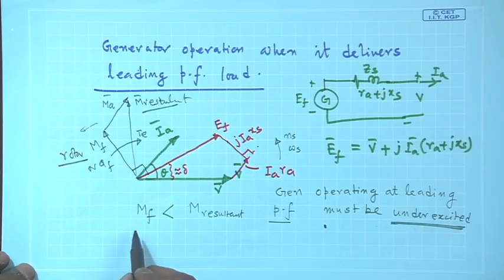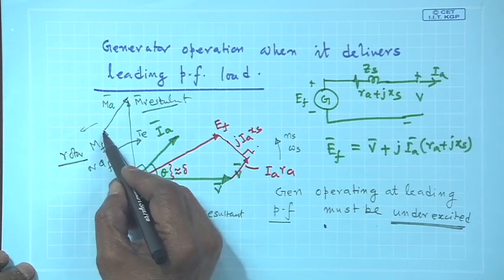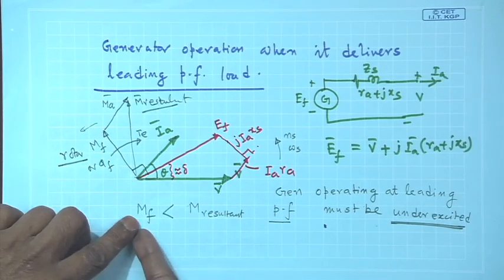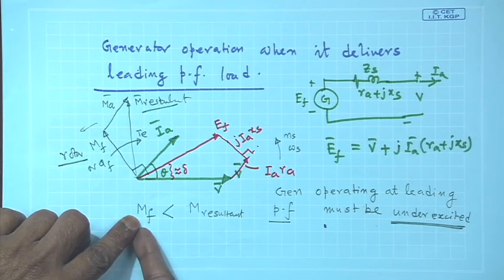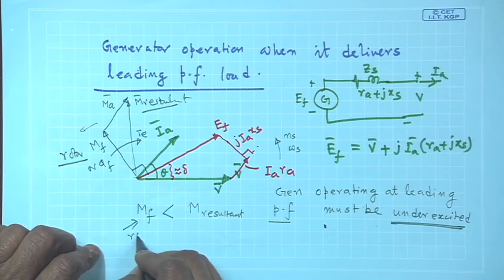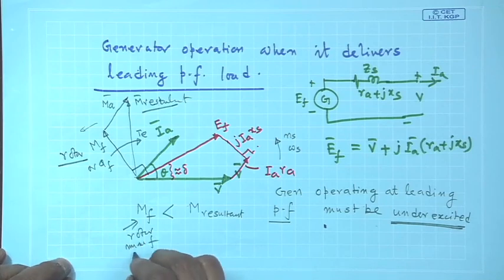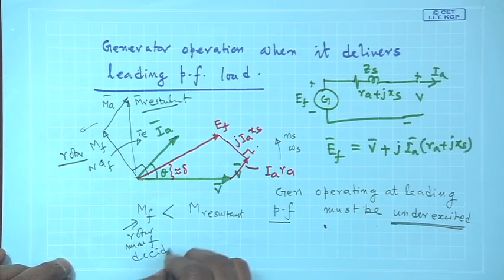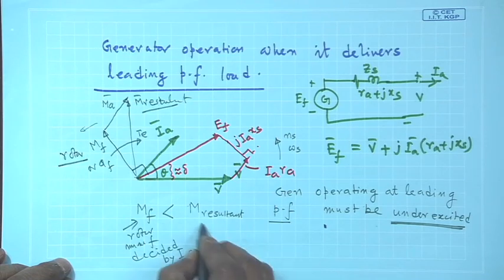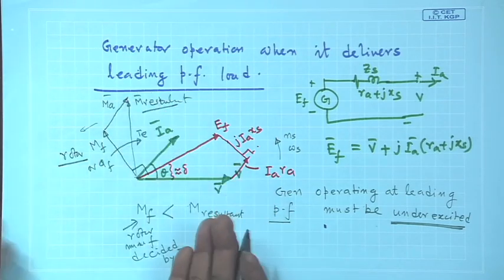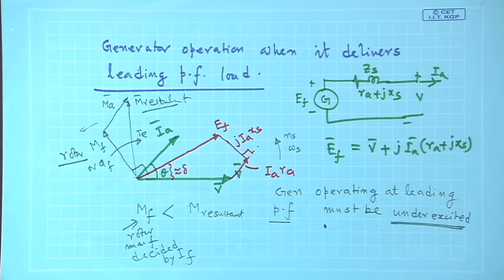Why under excited? Because field current decides the field MMF, the rotor MMF, which is decided by rotor current, decided by I_F, is less than the resultant MMF. You can easily see that if it is leading power factor, it must be under excited.